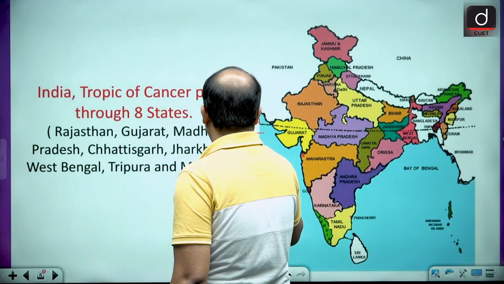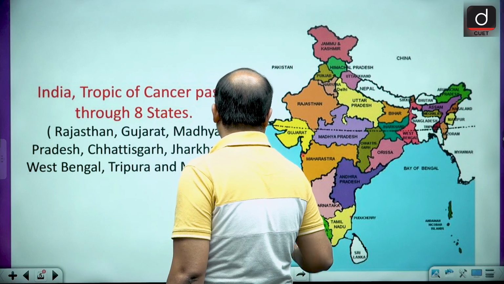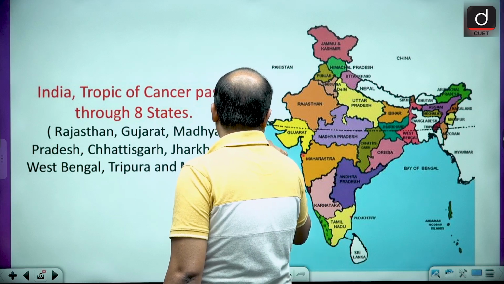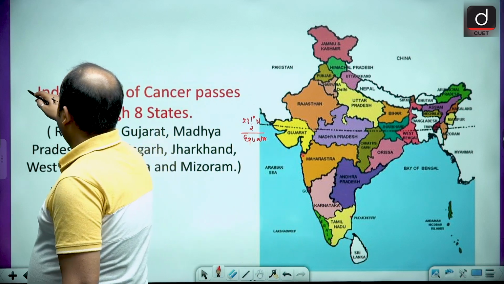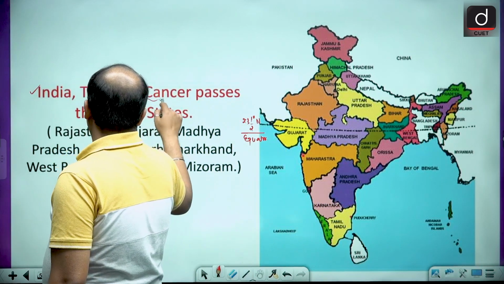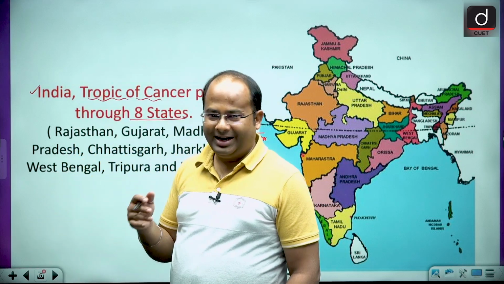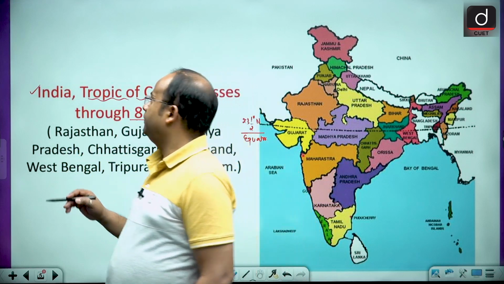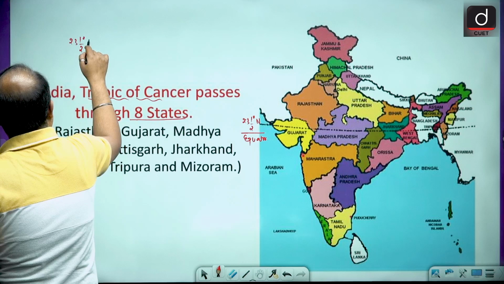It is 23.5 degrees north of the equator, and in India this Tropic of Cancer passes through 8 states. It is a latitudinal line, 23.5 degrees latitude.